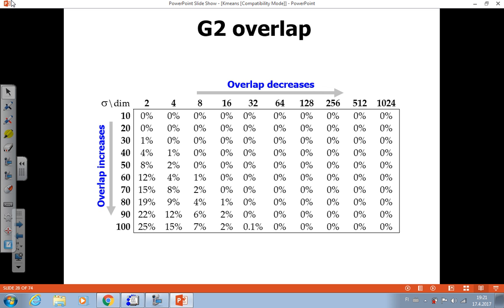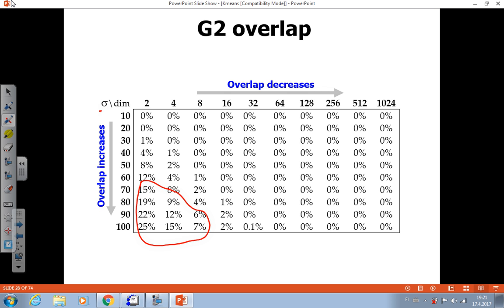So first, if we measure the overlap with all of these data sets, you can see that the small dimensional data sets have big values, they have big overlap. When the standard deviation increases, the measured overlap also reacts to this increase.